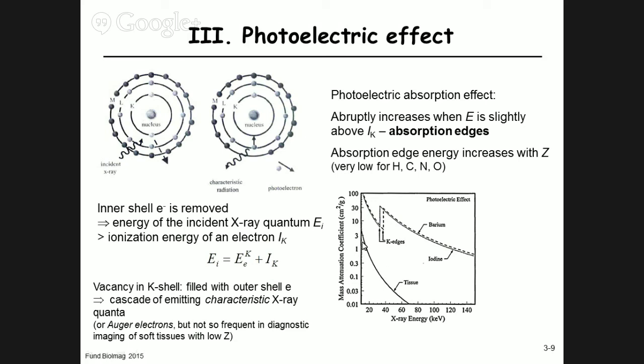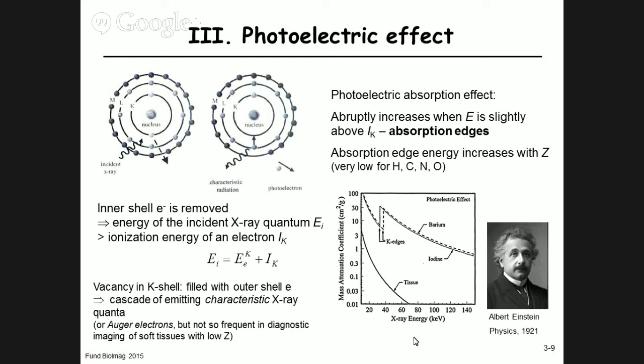For tissue, you don't see the K edges because they are so low for diagnostic X-ray imaging. They're well below 20 kiloelectron volts, so we don't see them. So that's what you see in tissue. The effect goes down, and the probability goes down with increasing energy. And incidentally, it was for the photoelectric effect that Albert Einstein got his Nobel Prize in 1921.